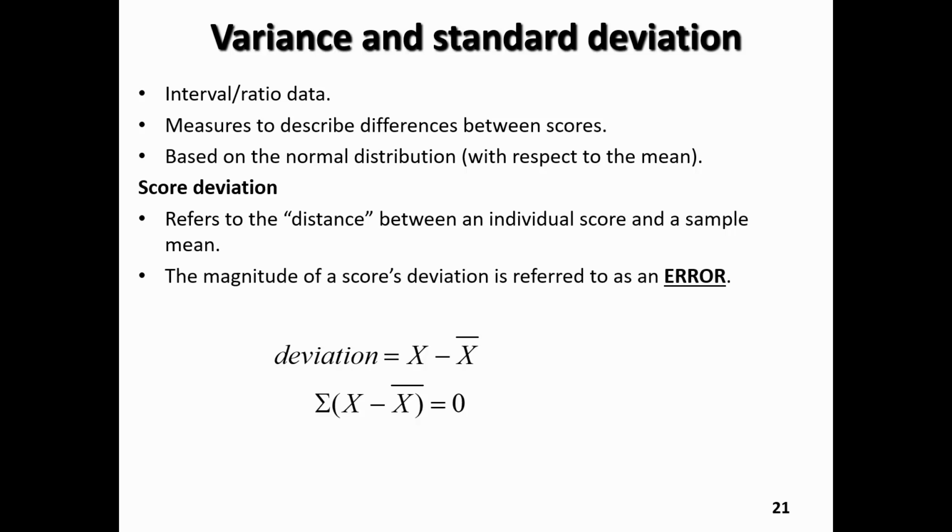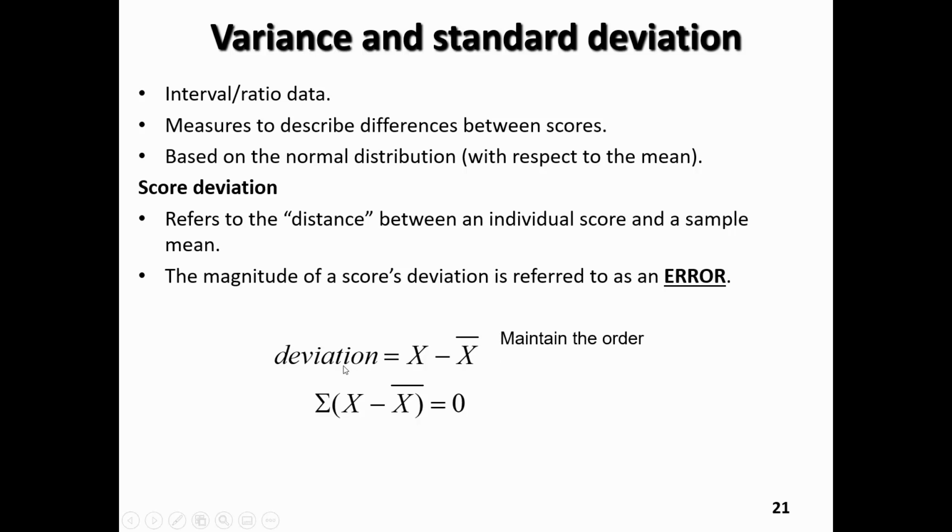The magnitude of that individual score's deviation from the sample mean is simply referred to as an error. The error does not indicate that any sort of mistake was made. It is the term used to describe the deviation of scores around the average.